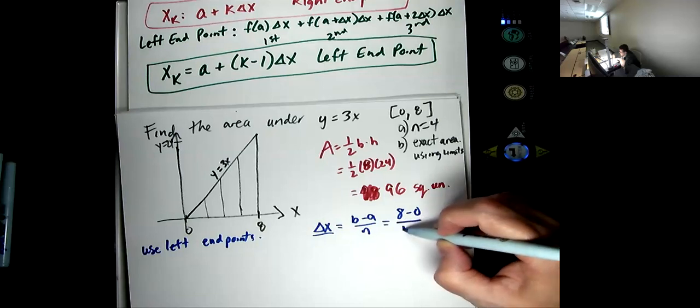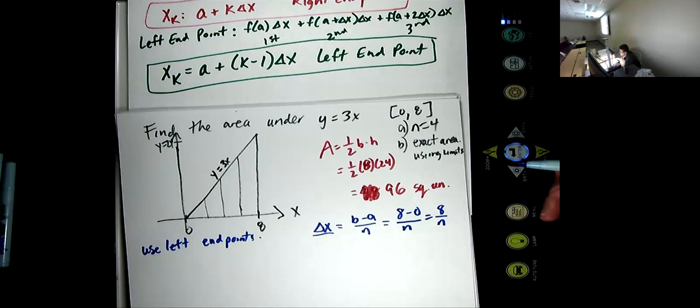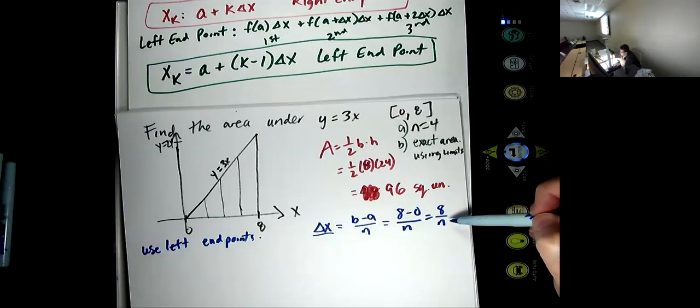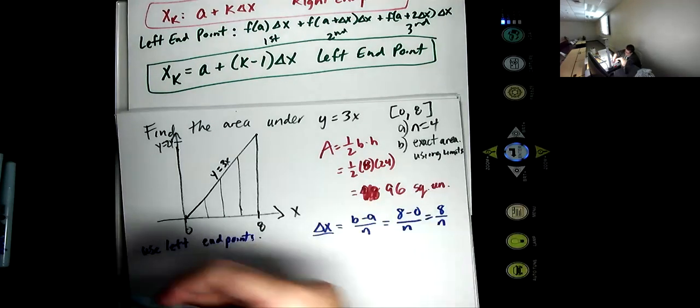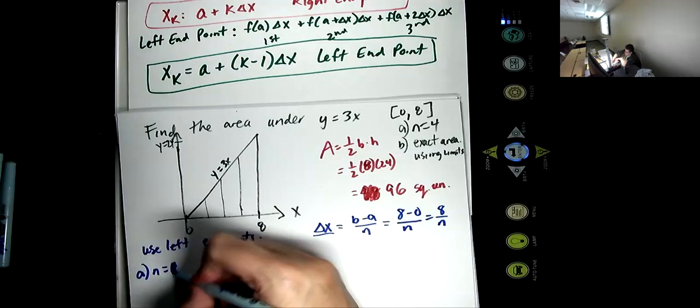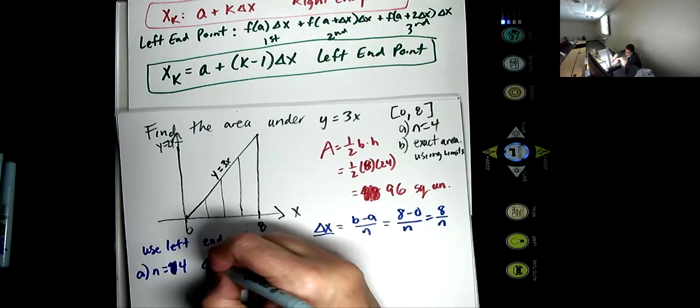I'm going to leave it as over n for now, which is 8 over n, because we're going to use that later on in that form. But for part A, n equals 4, then delta x equals 8 over 4, which is 2.